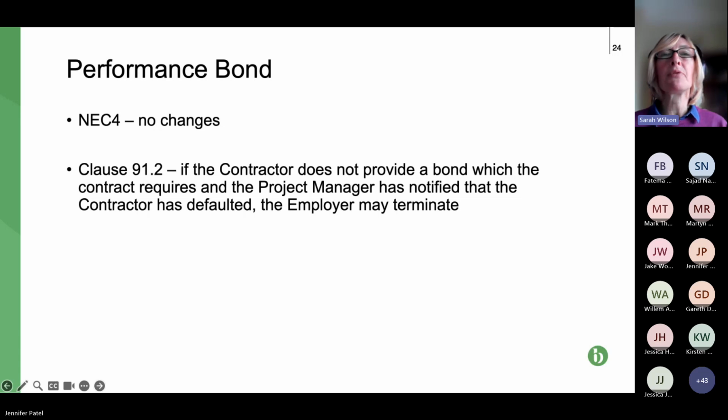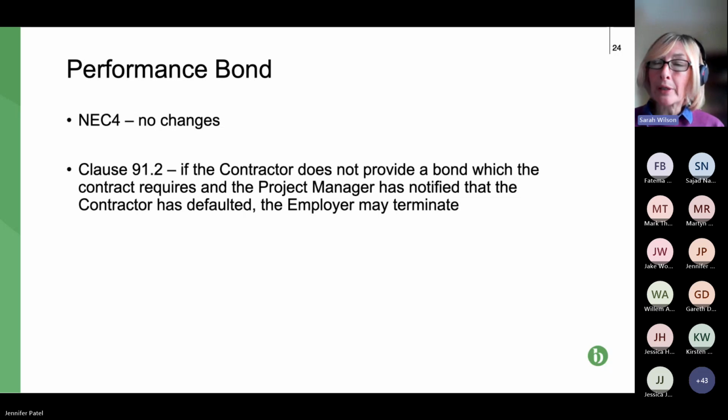I would expect a performance bond to say that payment would be made once the claim had been established by the client through adjudication or court, and the contractor has failed to make payment.